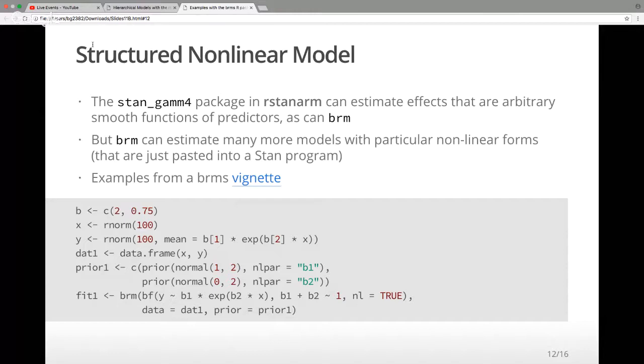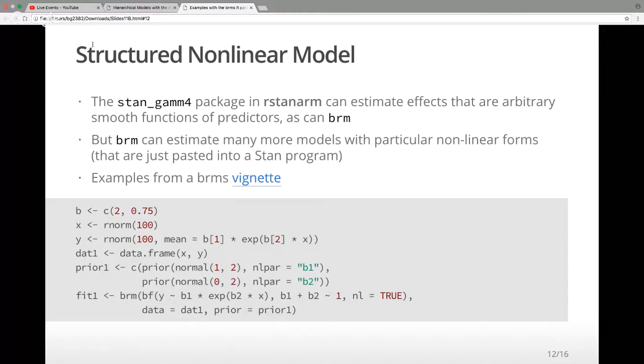In a model like this, B1 and B2 could be predicted with other predictors. This is saying these are both given a linear model with just an intercept, which basically says there's a B1 parameter and a B2 parameter, and you're not seriously trying to model them. But you could have some predictor Z that explains the variation in B2, in which case you could put that into your formula for B2.